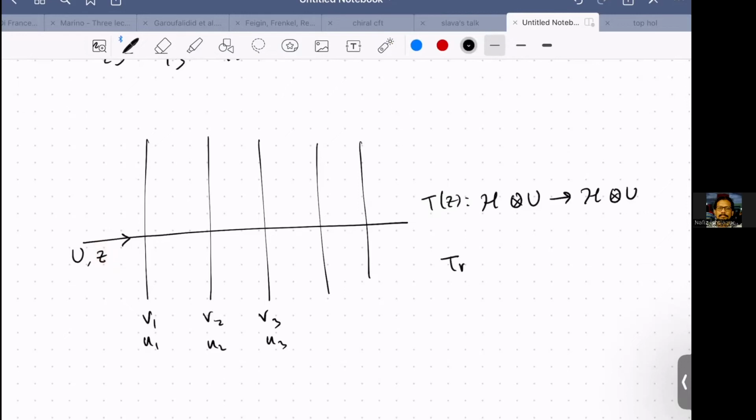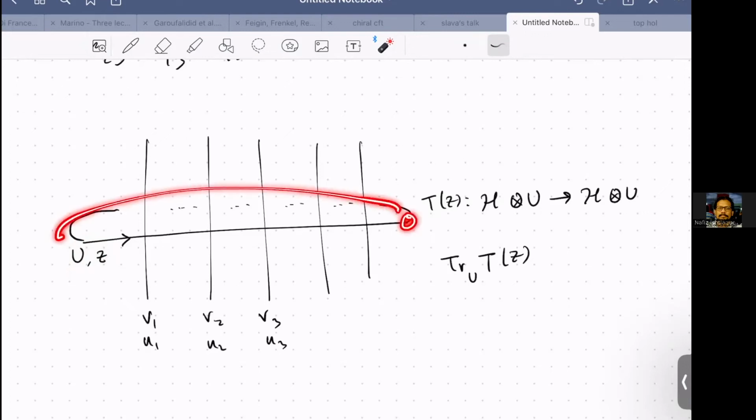So take the trace of this monodromy matrix, trace only in the U component. So pictorially, I'm going to represent this as looping around, meaning that you have some index associated to this vector space here and the same index associated to the vector space here, and you identify these indices and take the trace. That's all I mean.